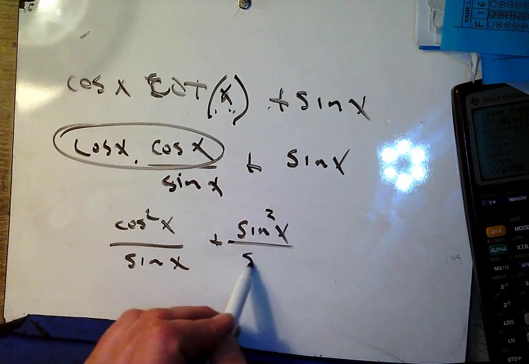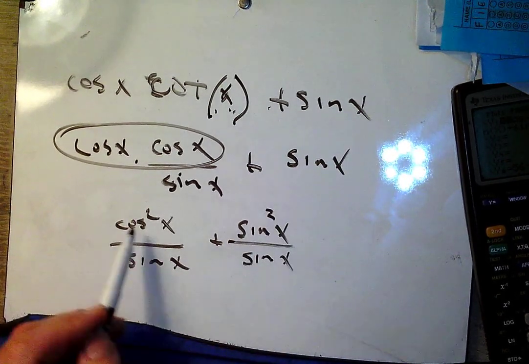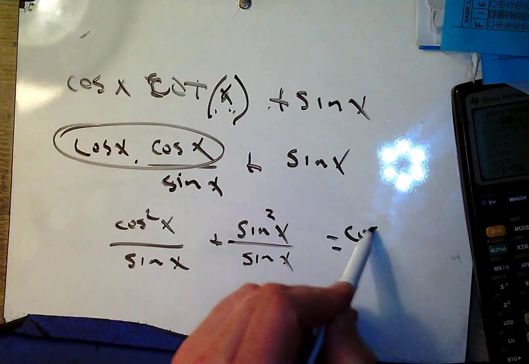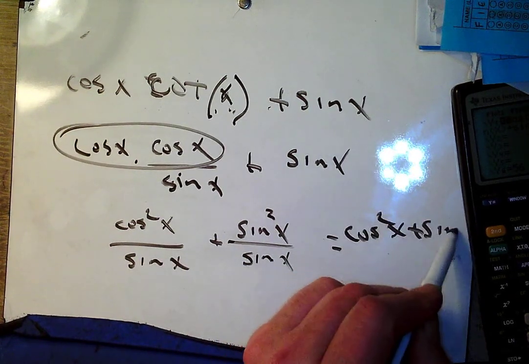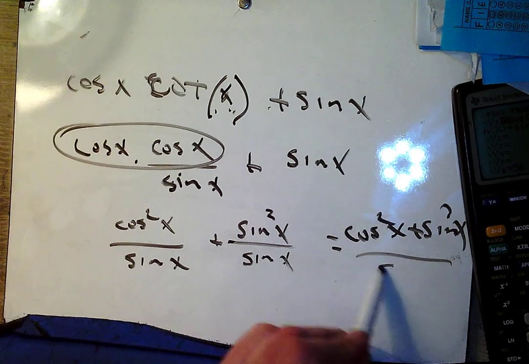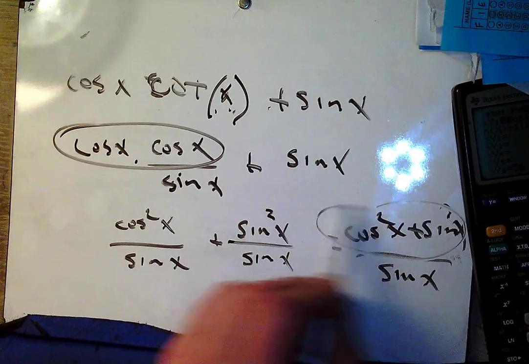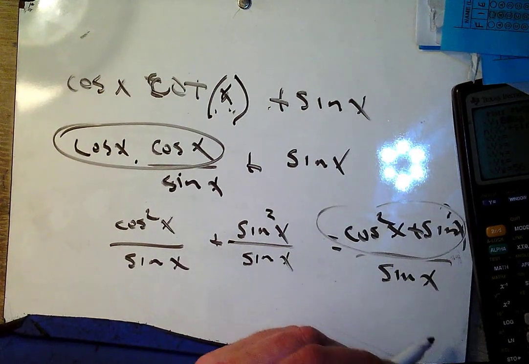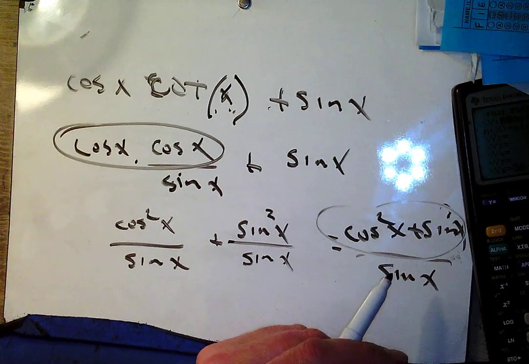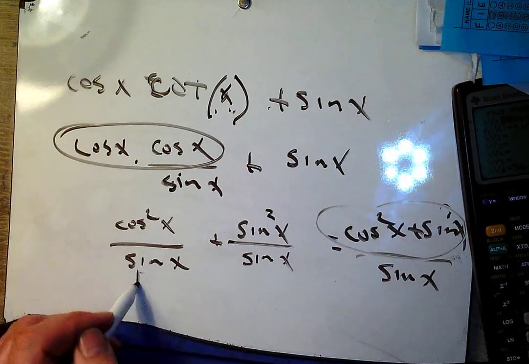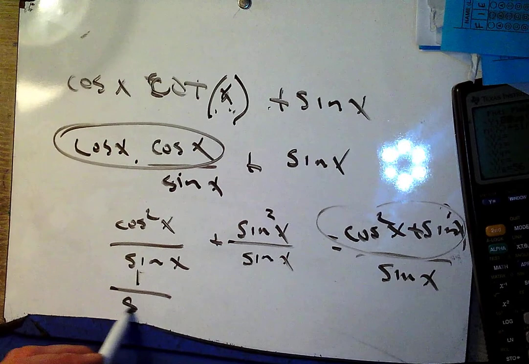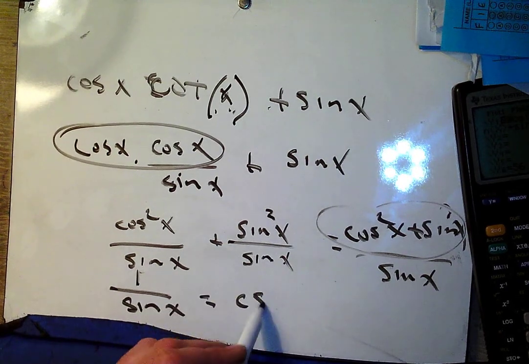So I'm going to multiply top and bottom by sine. Ooh, cosine squared plus sine squared over sine. What is cosine squared plus sine squared? See, you really do need to know your identities. Cosine squared plus sine squared is 1 over sine. And 1 over sine, cosecant.